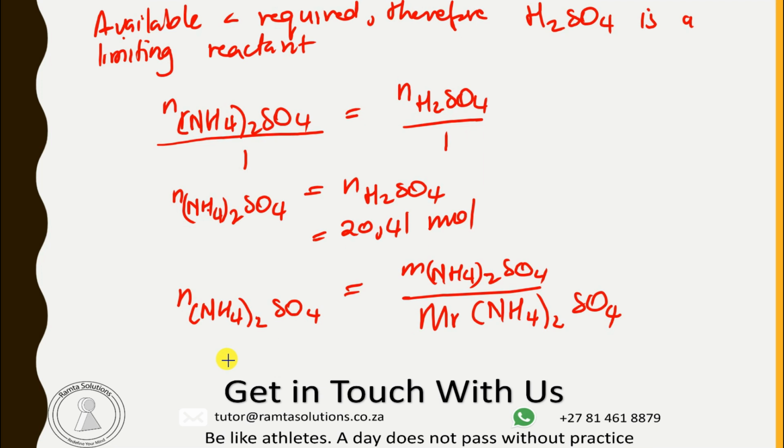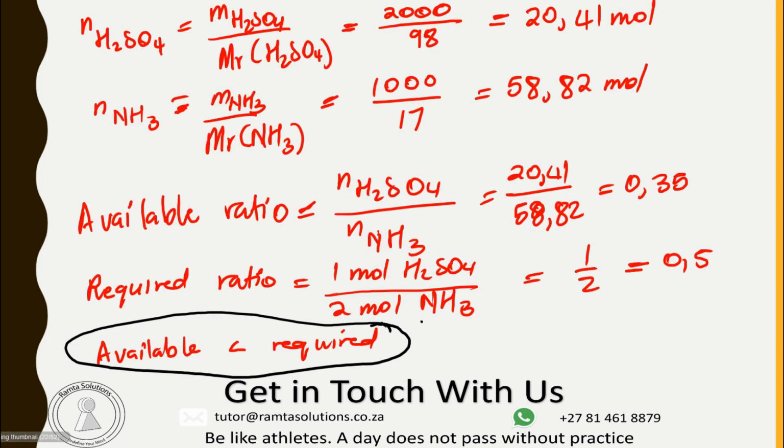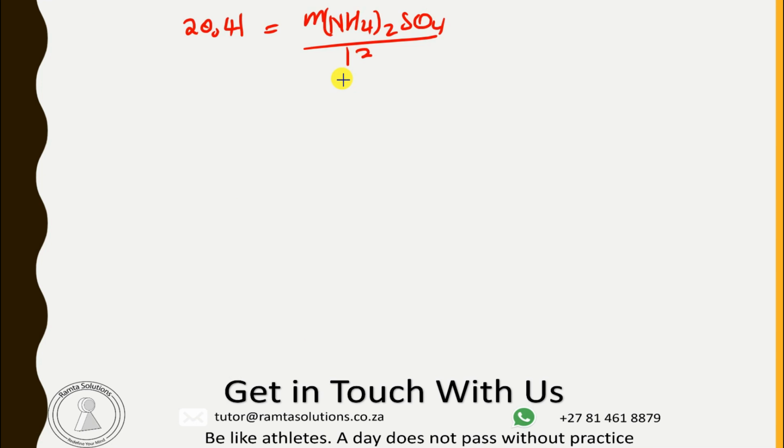The number of moles of ammonium sulfate is 20.41, so 20.41 equals the mass over 132. I think the molar mass was 132. Therefore, the mass is equal to 20.41 multiplied by 132.